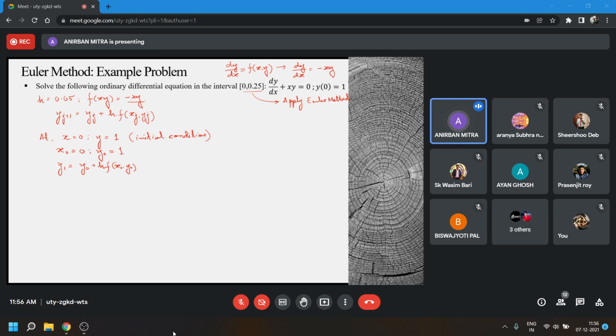This is 1, we know. h is known to us. We have to find out f of x0, y0, which is minus x0 y0. x0 is 0 multiplied by 1 becomes 0.